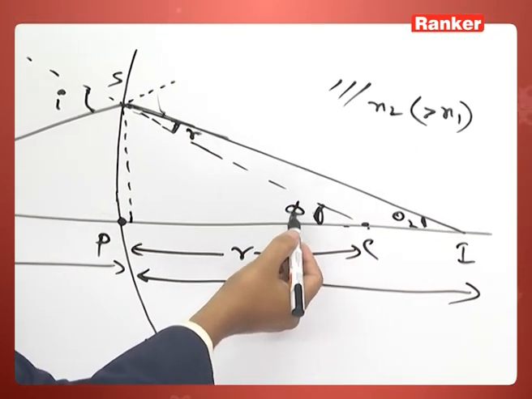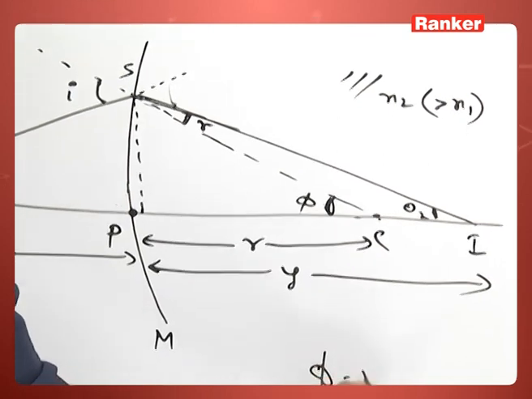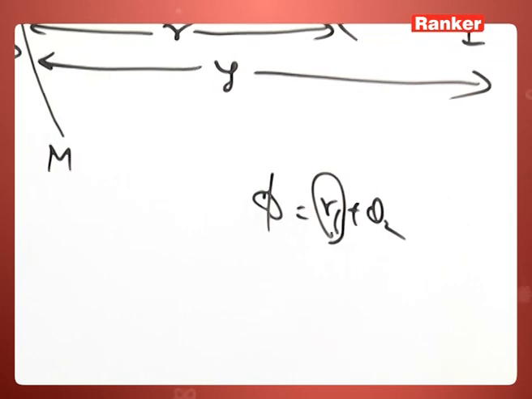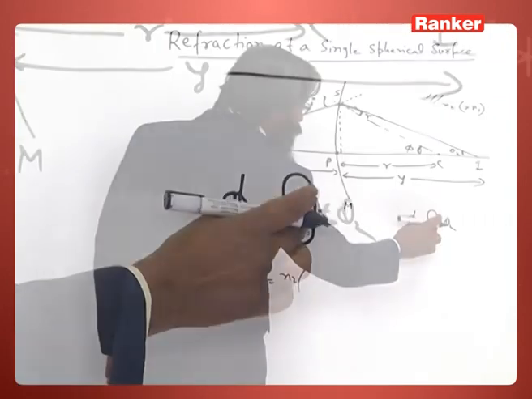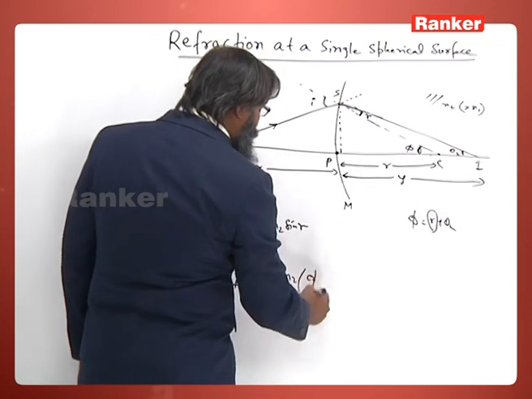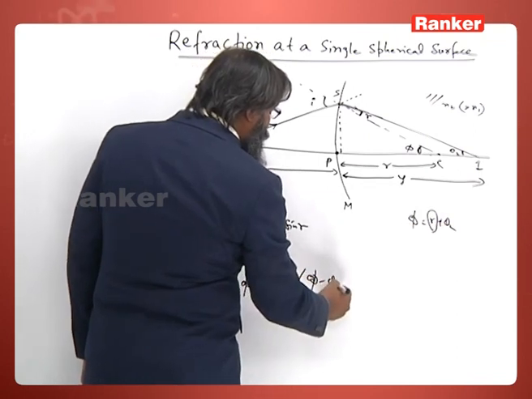So, phi is equal to R plus theta 2 here. I want R only, so R will be equal to phi minus theta 2.